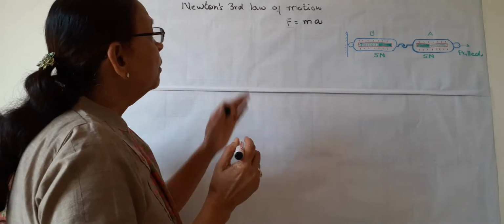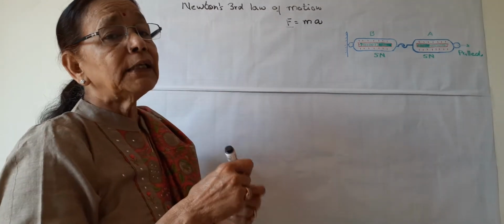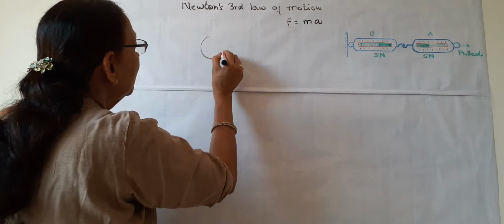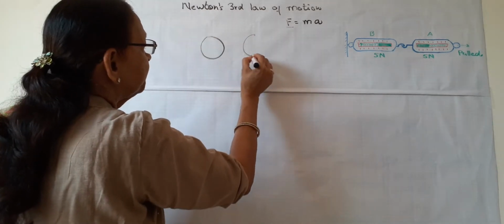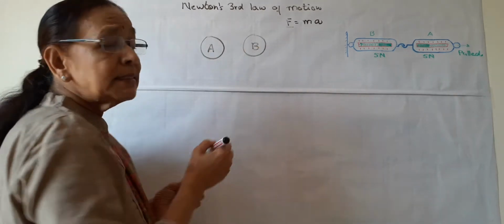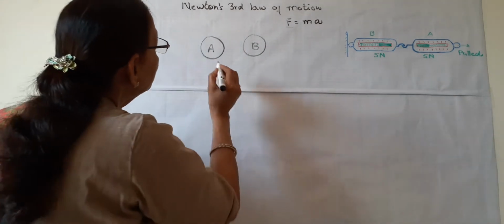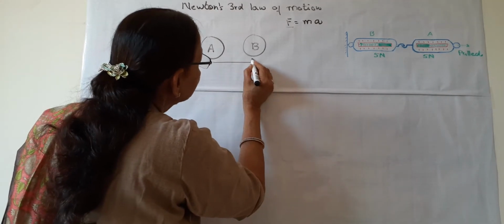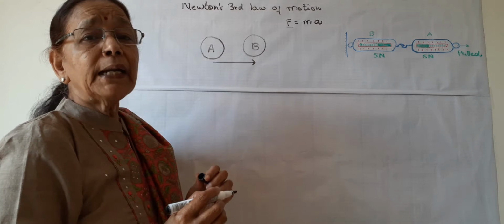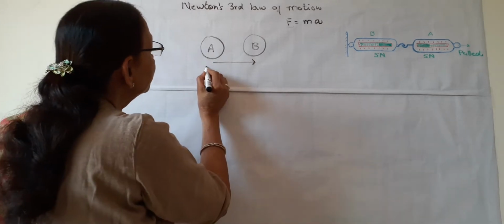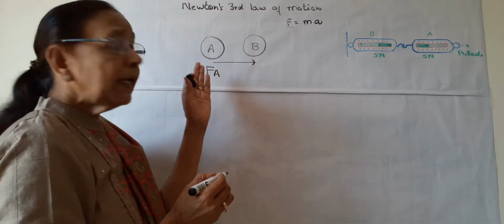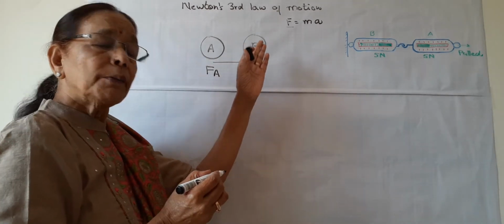Now, the third law states that if there are two objects, suppose this is A and this object is B, suppose A exerts a force on object B. Suppose this force is Fa, the force of A which is exerted on B.